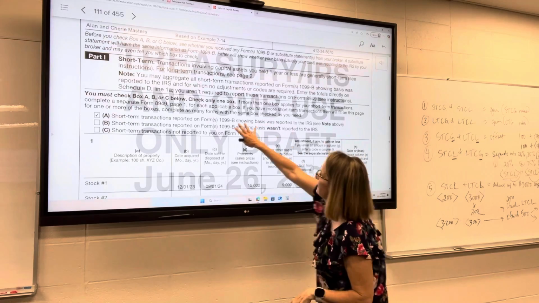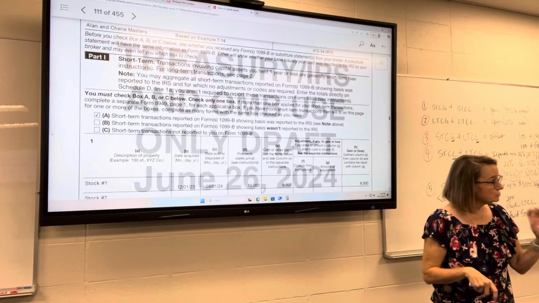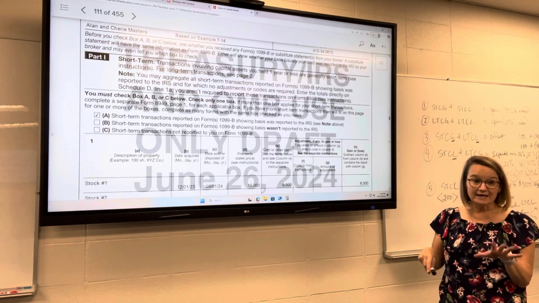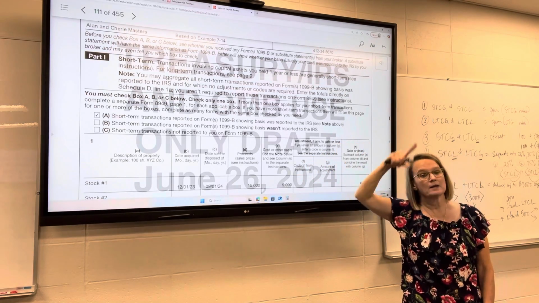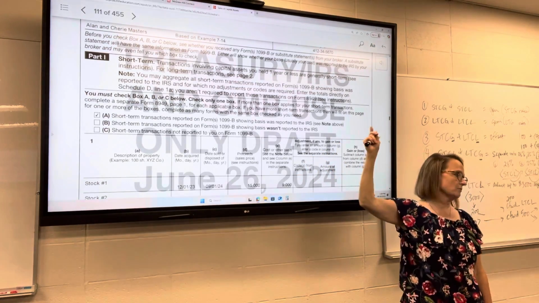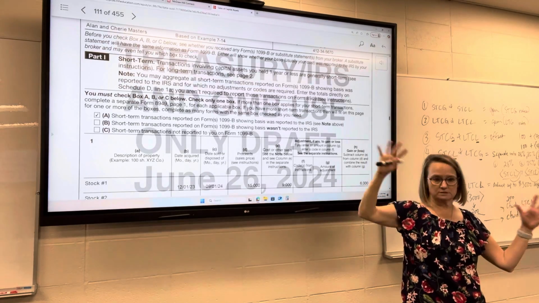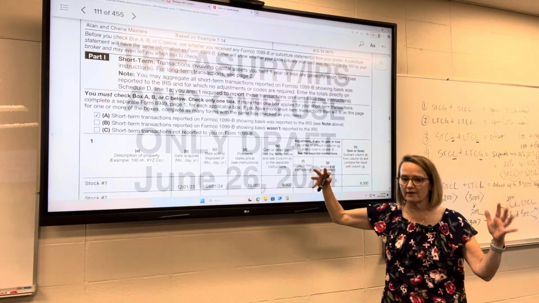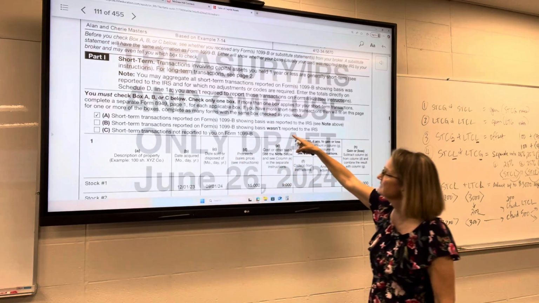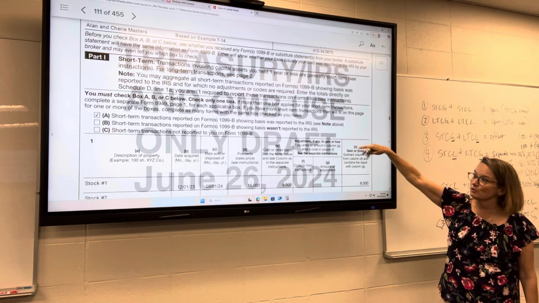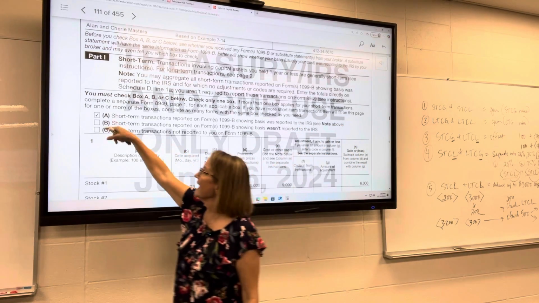So if you got a 1099-B and you sold stock and the basis was reported to the IRS, it will tell you on the form, basis reported, basis not reported. If it was a short-term transaction reported on 1099-B, basis was reported, then you check box A.